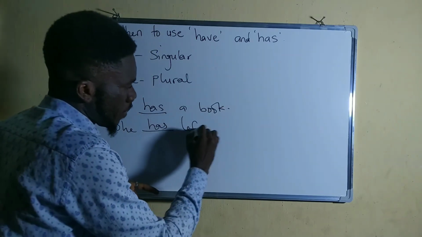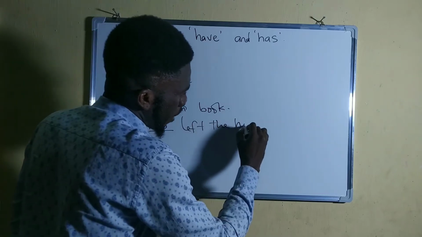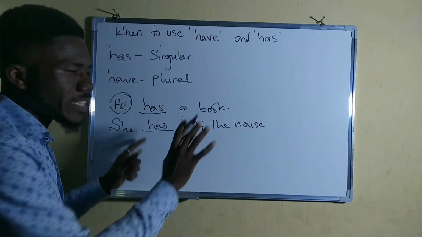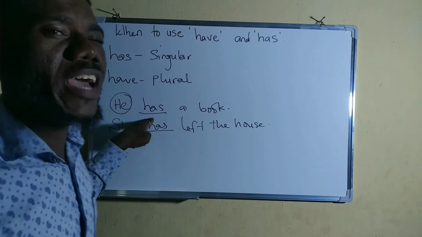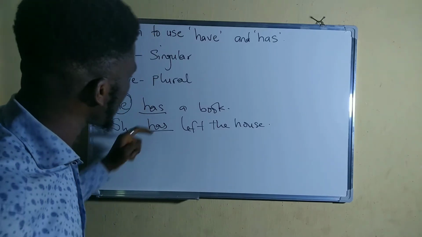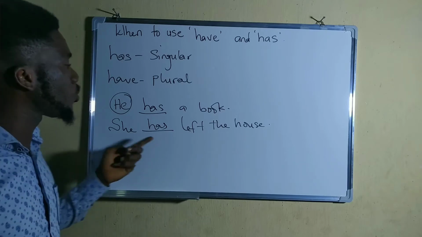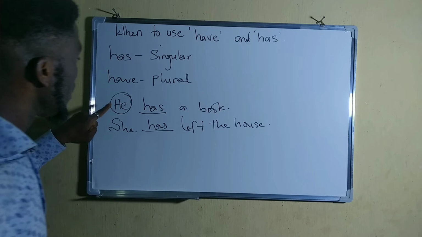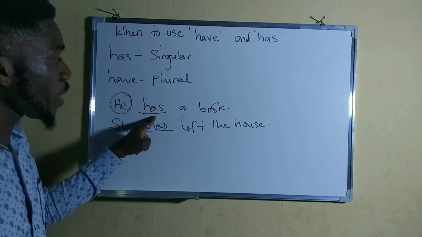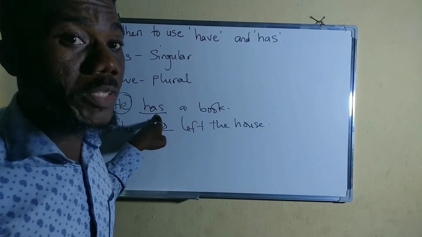She has left the house. This is how these sentences should be. You cannot have anything like he have, it is wrong. And you cannot have anything like she have. It should be he has and she has. Why? Because this is singular, therefore the verb to come after it must be singular.